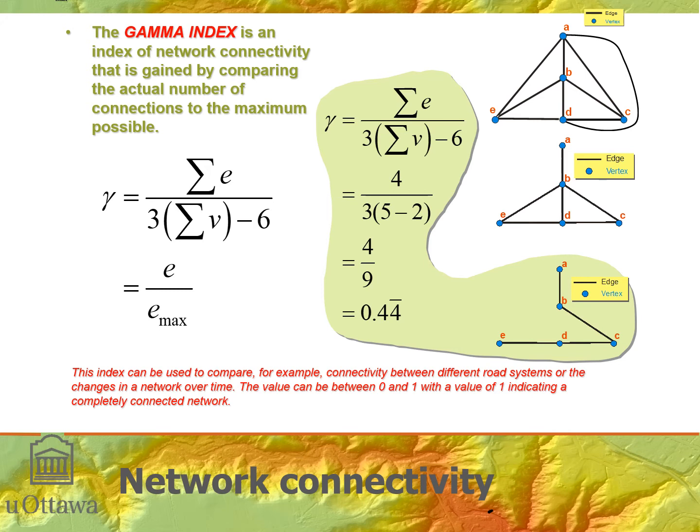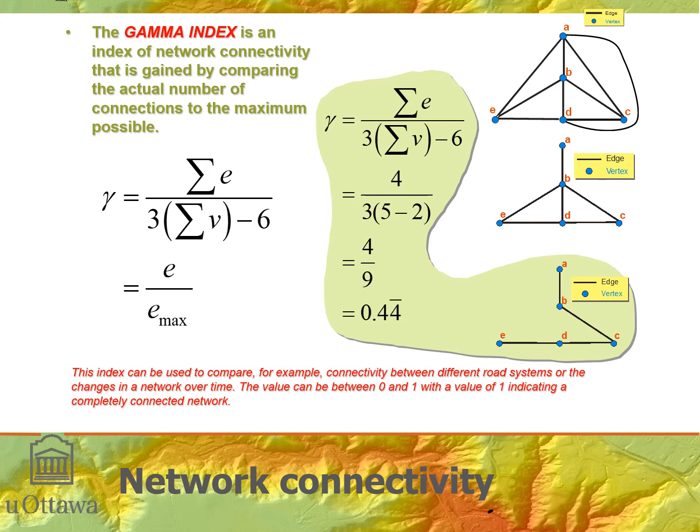And so you could think of how this could be useful. Well, let's say you're comparing different delivery routes. So you have a fleet of cars or trucks that deliver, let's say, Amazon parcels. And you want to figure out which ones would be the most amenable to doing a second type of delivery or pickups during their routes. Well, routes that are more connected are easier to add things into, like picking up things, because they're more likely to go by or have access to many of the things in space.